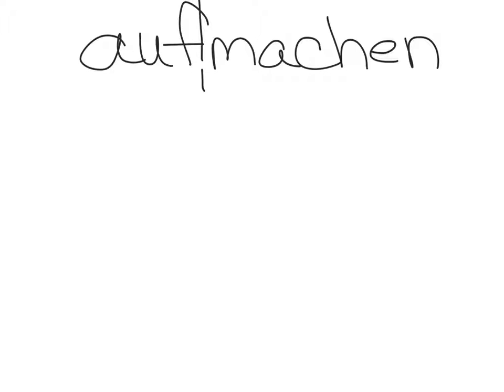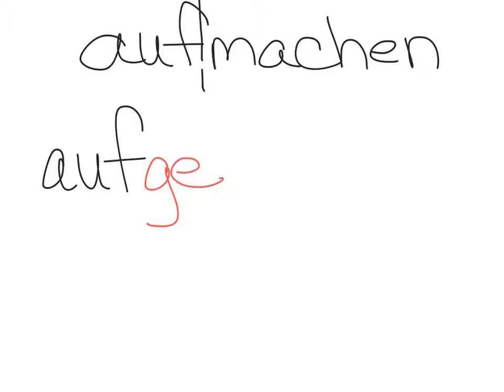So there's no space in there anymore. The GE takes up that space. Otherwise we'll follow through on the same steps. So we're just going to start with the auf. And then we have GE. And what do we need to do to machen? Take off the en and put a T.